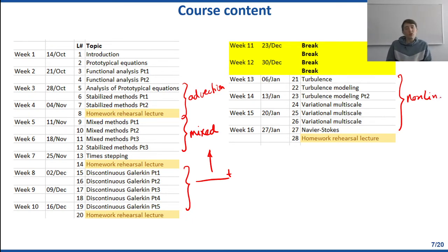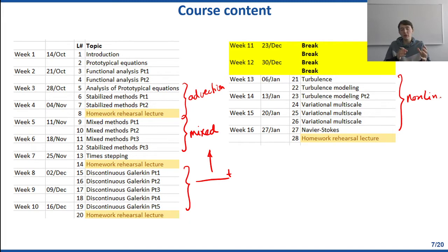So the course is structured in 3 or 4 blocks that each deal with a particular difficulty of the Navier-Stokes equations. And I don't want to jump right into the Navier-Stokes equations because they are very tricky. Rather, what we're going to do is pick apart the Navier-Stokes equation into these different difficulty levels.